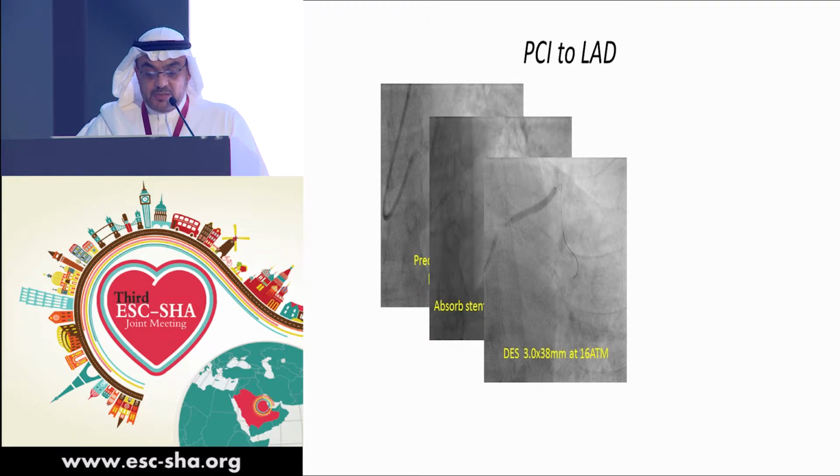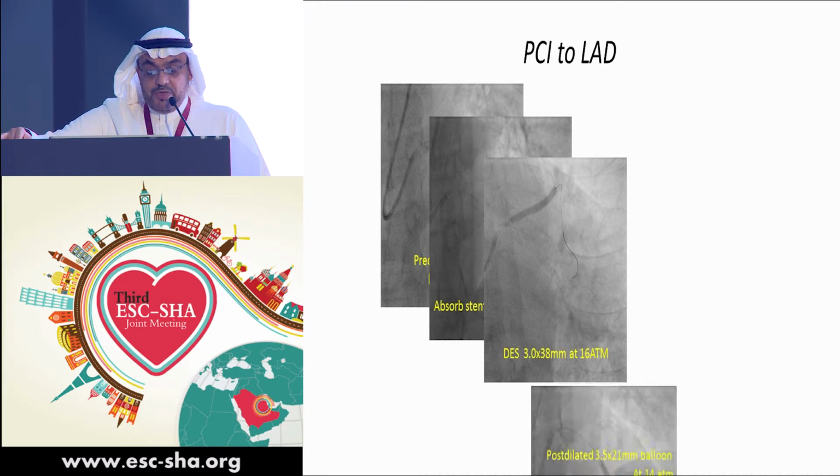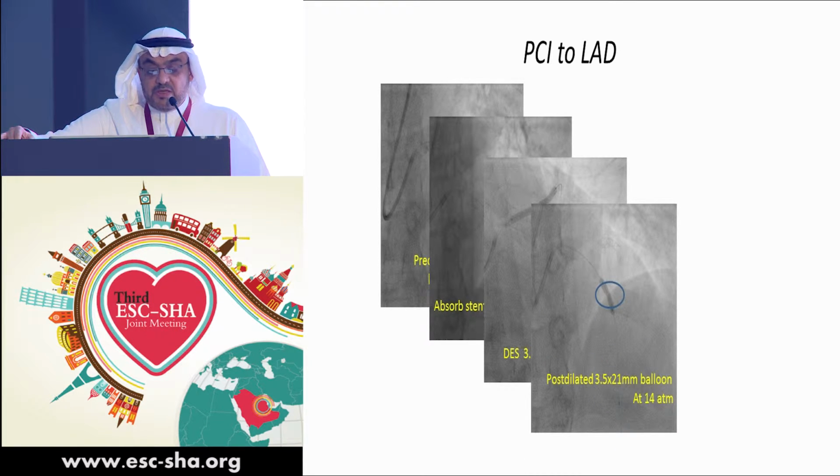We elected here again to use the BVS, this is in the first days when we used it. So we did the pre-dilatation, and you can see here there is minimal waist, with a 3.0 balloon up to 16 atmospheres. And then we put the Absorb here. This is a 3.0, and usually we go with 1-to-1 dilatation.